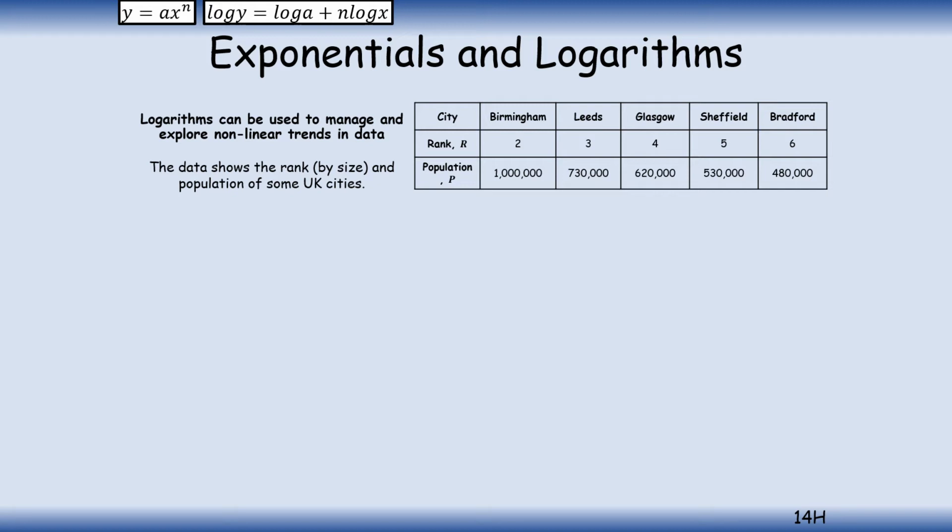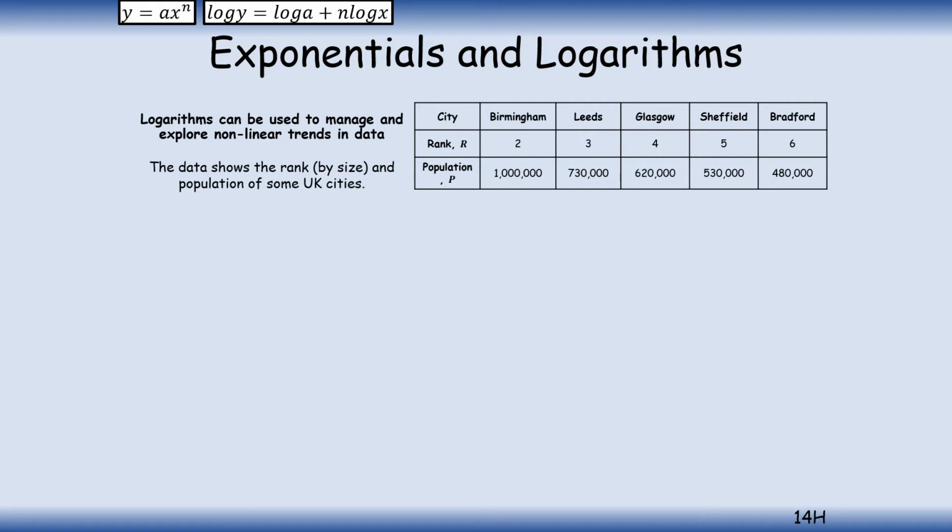So here we have the population of 5 major cities in the UK, with the exception of London, and we rank them in order of the population. So we've got Birmingham, Leeds, Glasgow, Sheffield, Bradford, and rank R would be 2 for Birmingham, that's the second biggest city, and 3 for Leeds, and so on. And this is population size: 1,730,000, 620,000, 530,000, 480,000.